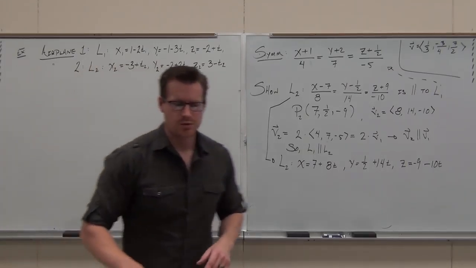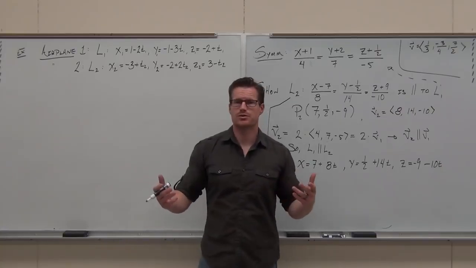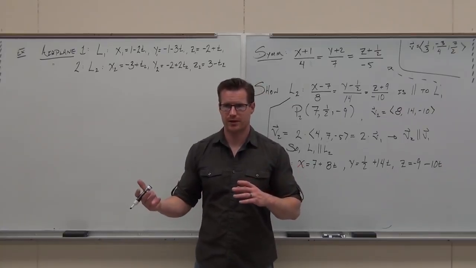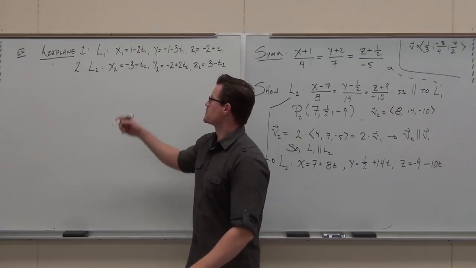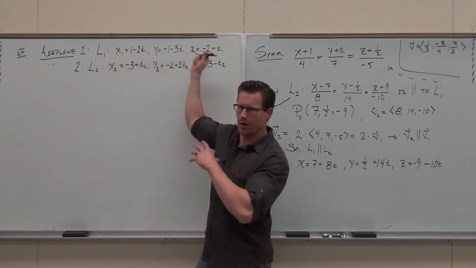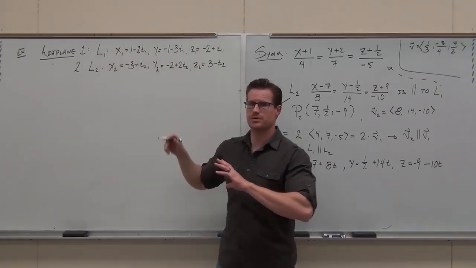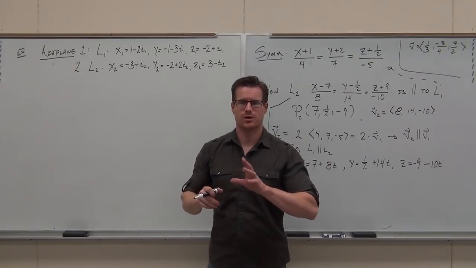Okay, so two airplanes. These airplanes are going to go through certain points. They're going to have certain direction vectors. They're going to be flying in a certain direction. So we have plane 1, all the little ones. Plane 2, all the little 2s. With me, yes, no?